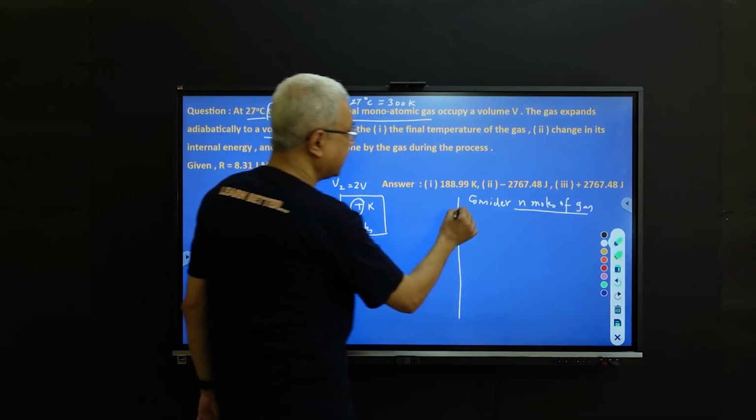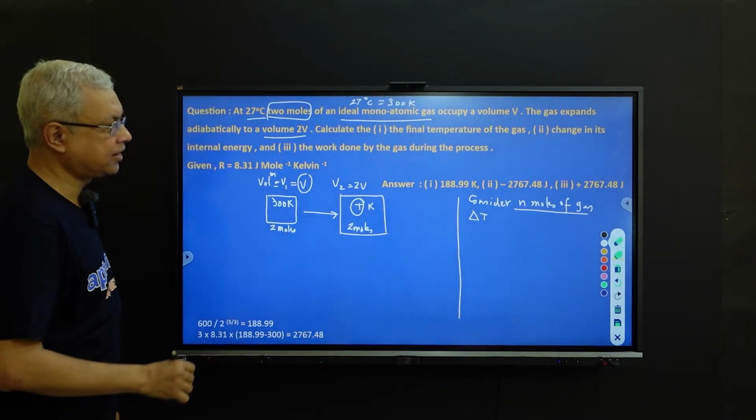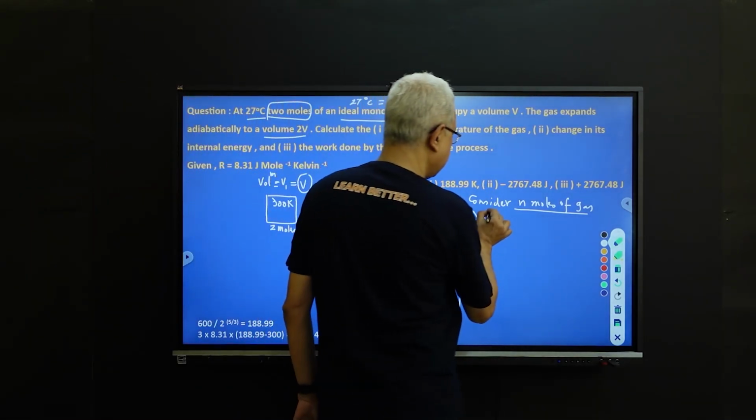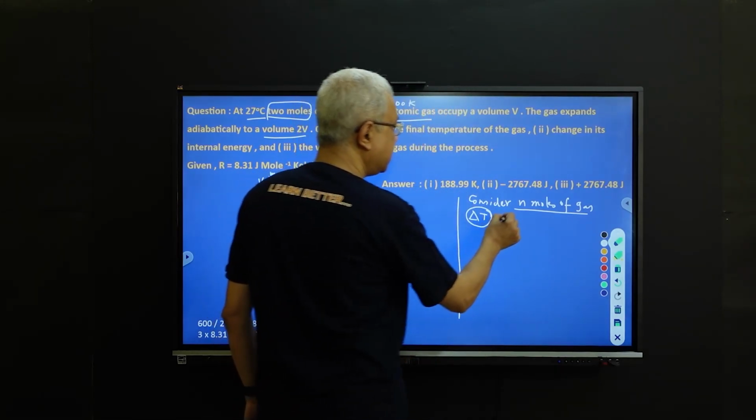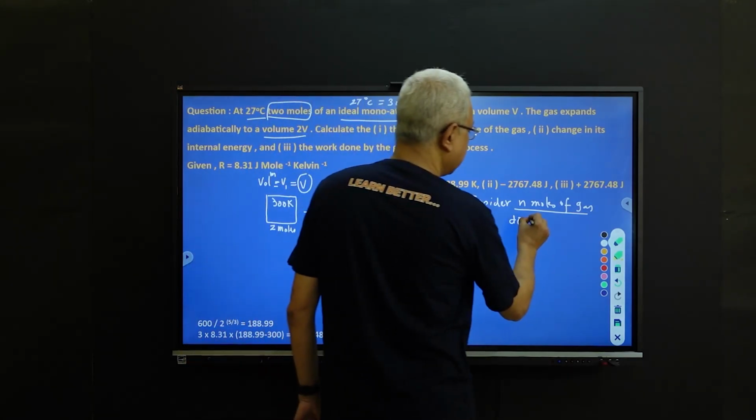Now, if I increase the temperature of the gas by delta T, then what is the heat required for this particular gas?